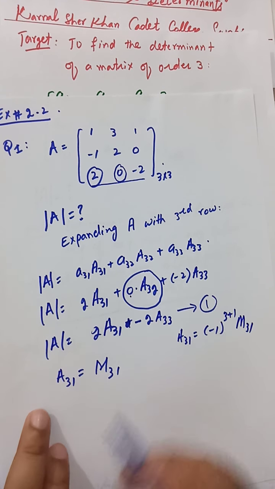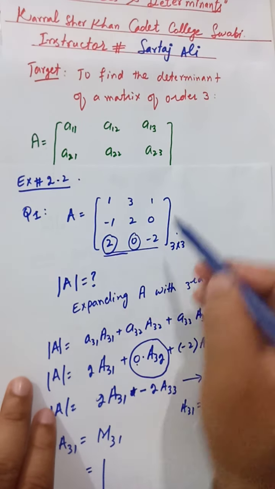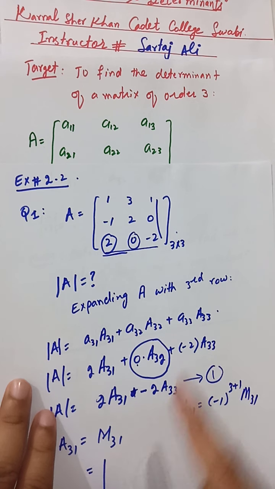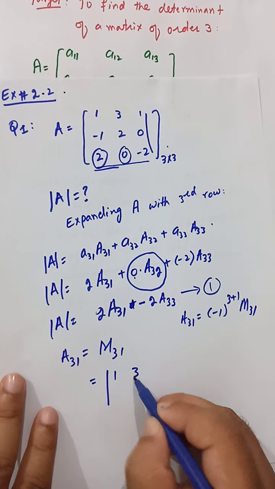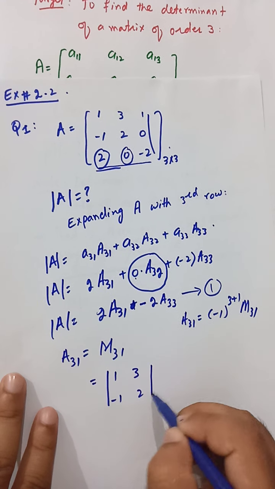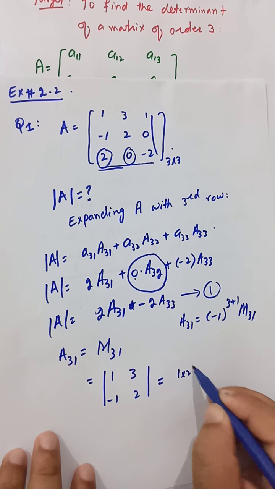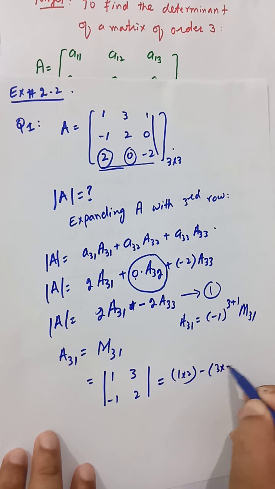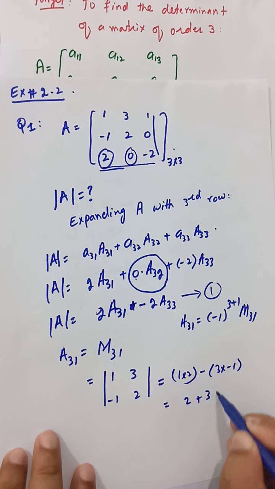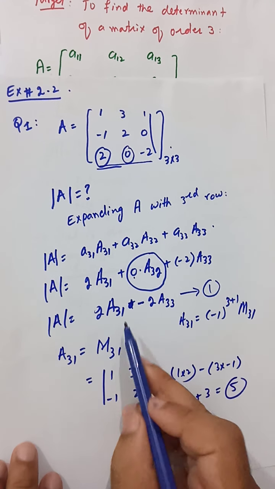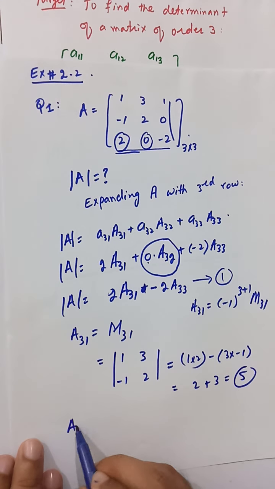You cancel out the third row and first column, because this is 3 1, and take the determinant of the rest of the matrix. So this is equal to 1 multiplied by 2 minus 3 multiplied by minus 1, so this is 2 plus 3, which is 5. So A31 is 5.